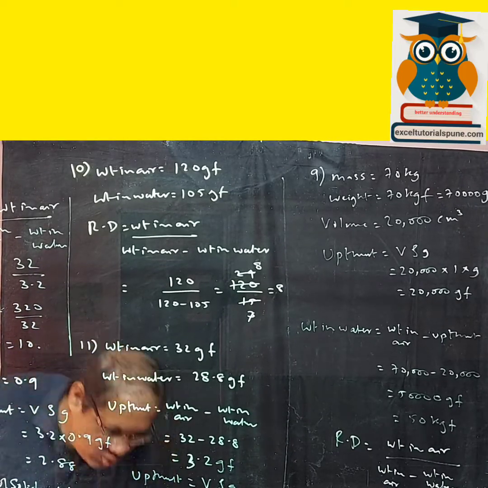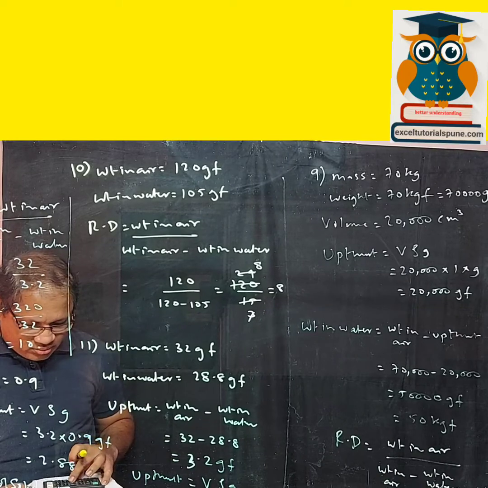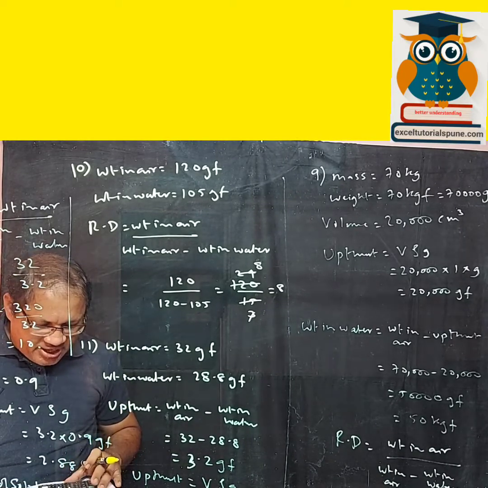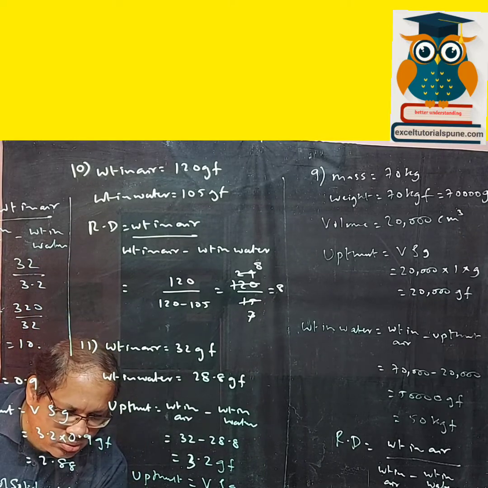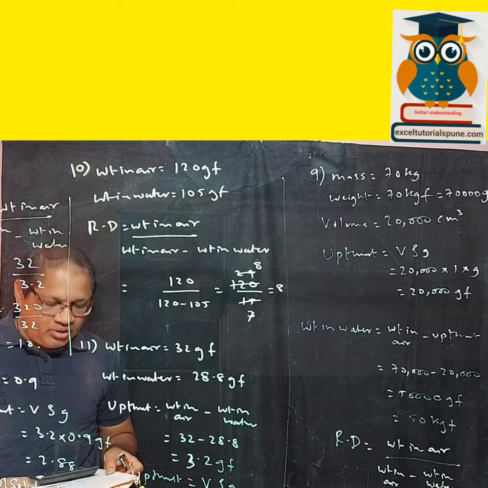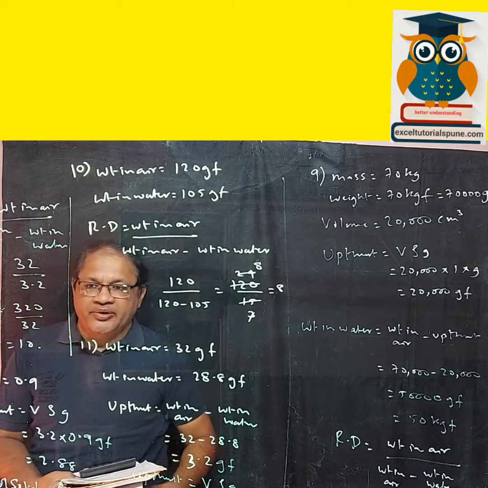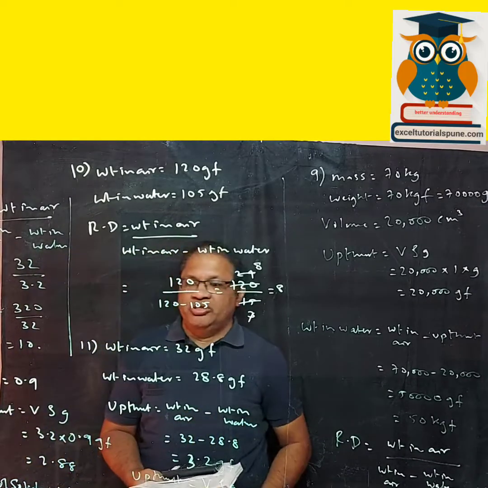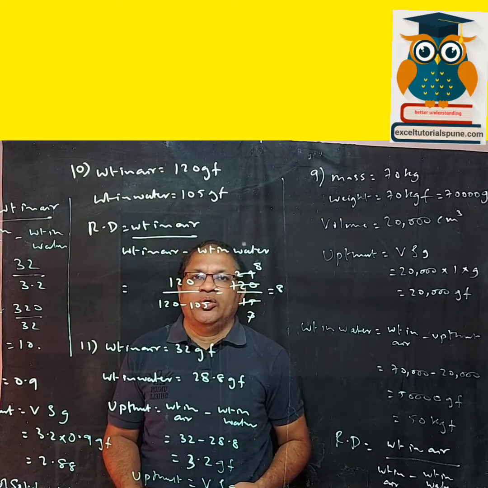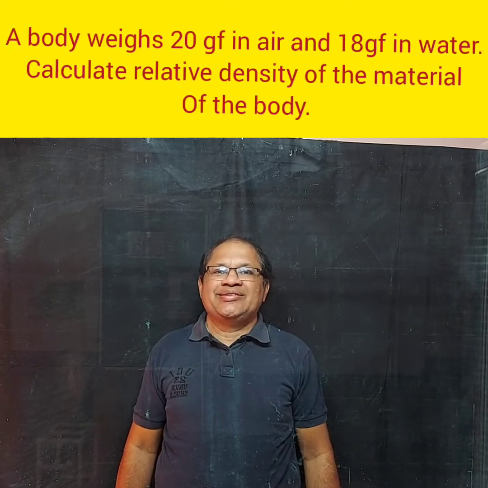So that comes to 29.12 gf. Yeah, it's right. So now we start with the 12th sum. I hope you all are understanding. Okay, so we will start with the 12th sum now.